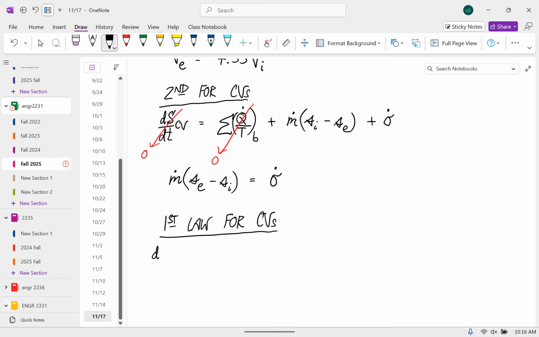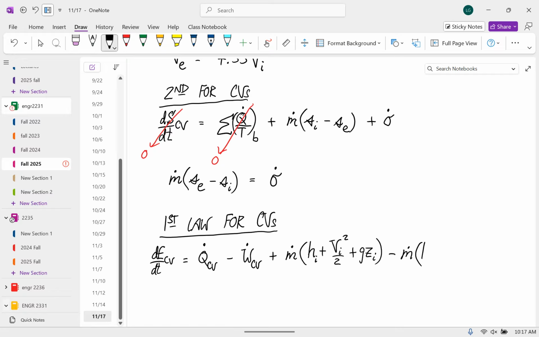So that says dE/dt is equal to Q dot minus W dot plus m dot times (h inlet plus Vi squared over 2 plus g zi) minus m dot times the quantity h exit plus V exit squared over 2 plus g z exit.